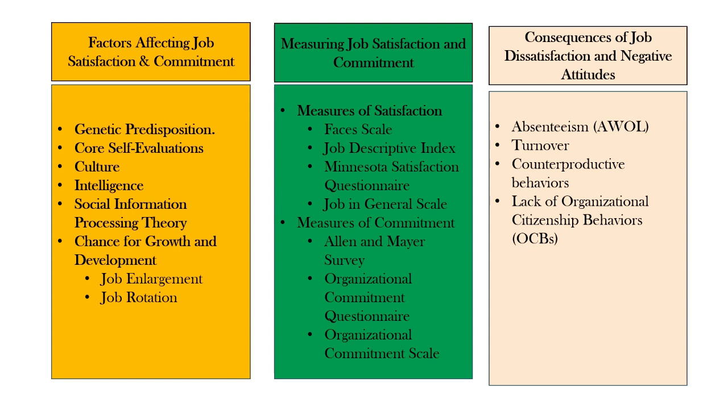Next is social information processing theory. This is also called the social learning theory, and it postulates that employees observe the levels of motivation and satisfaction of other employees and then model those levels.